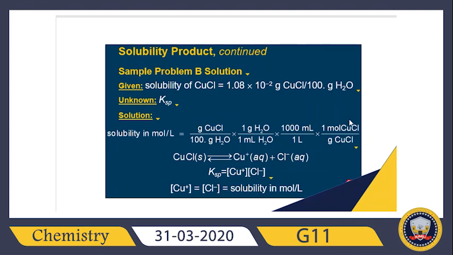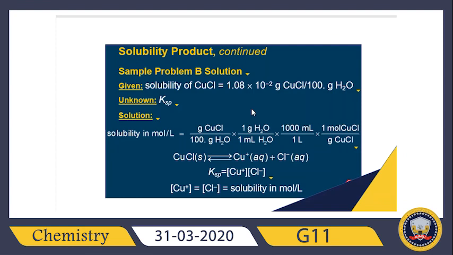Usually, in order to convert grams into moles, we divide the grams that we have by the molar mass of this compound. We find the molar mass from the periodic table and divide the grams by it. You can do these steps separately.